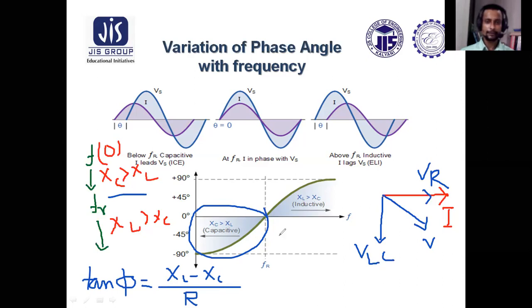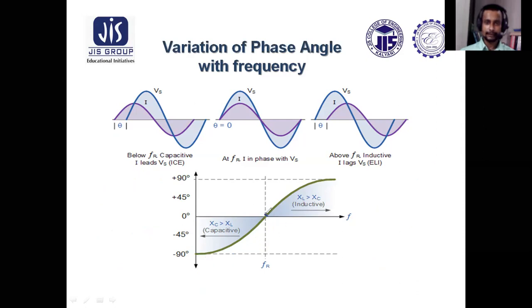At resonance, Z equals R and XL equals XC.